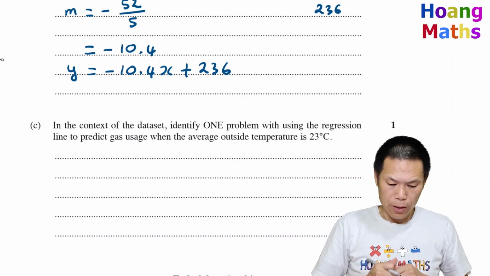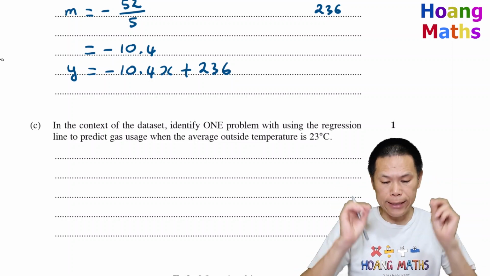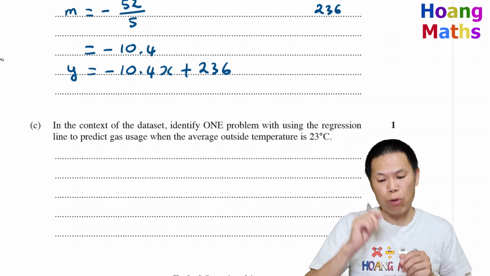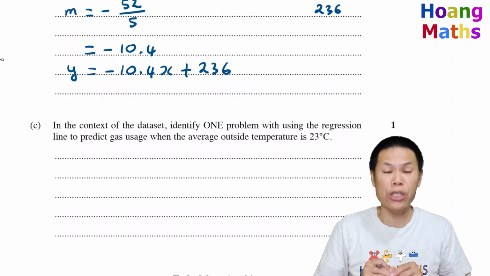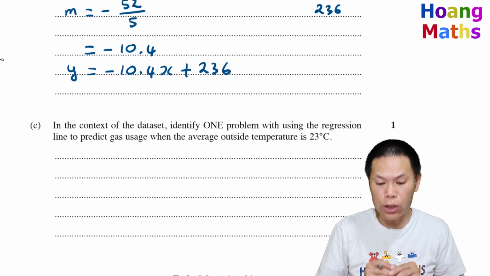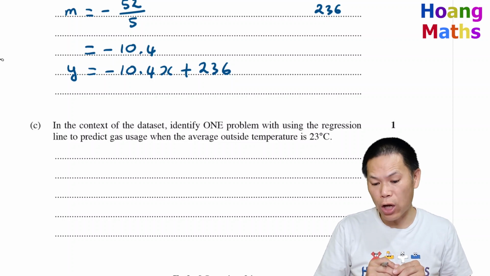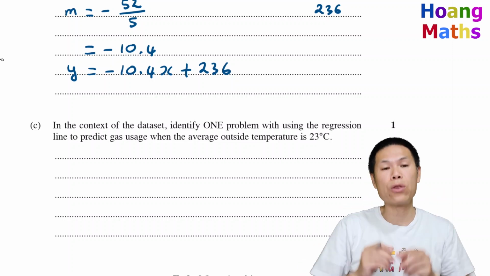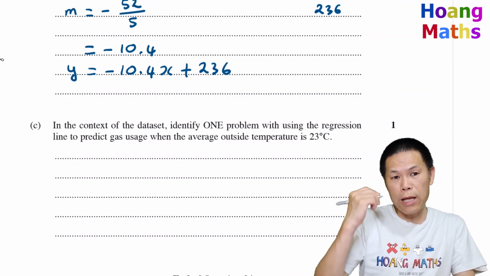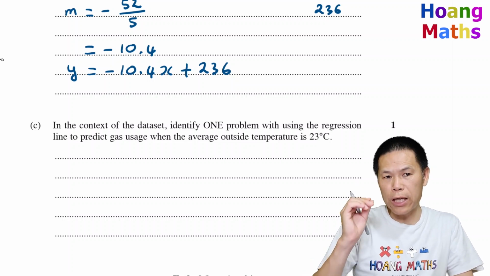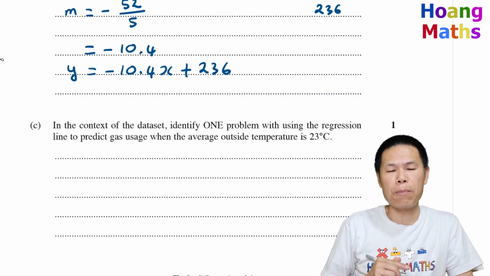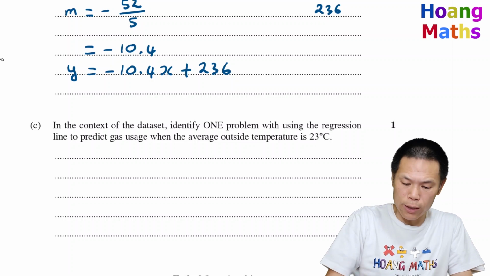Part C. In the context of the data set, identify one problem with using the regression line to predict the gas usage when the average outside temperature is 23 degrees. So let me just work out what the gas usage is first, and then we can make a comment from there. Okay, see what it is.